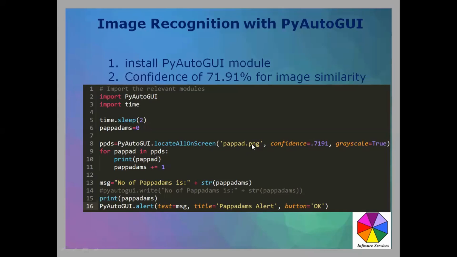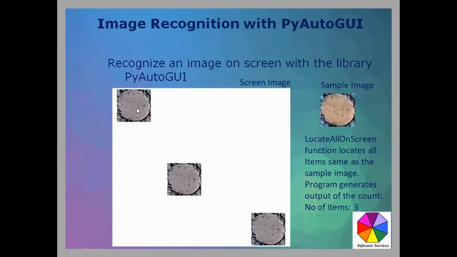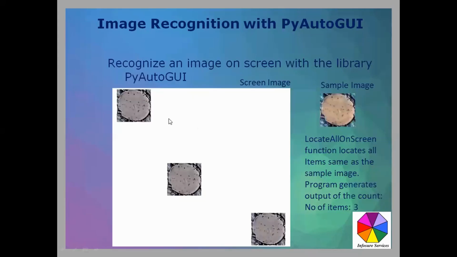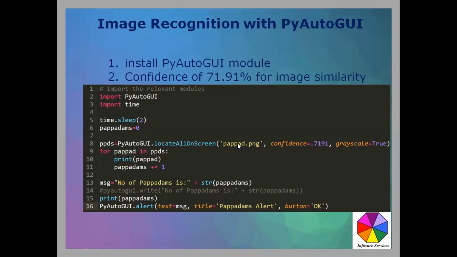So this is my target image, the screen image. Sorry, this is my screen image. I opened this screen image. I would have fed this sample image. This is that sample image. And then with PyAutoGUI, all the located similar items on screen will come to this variable.